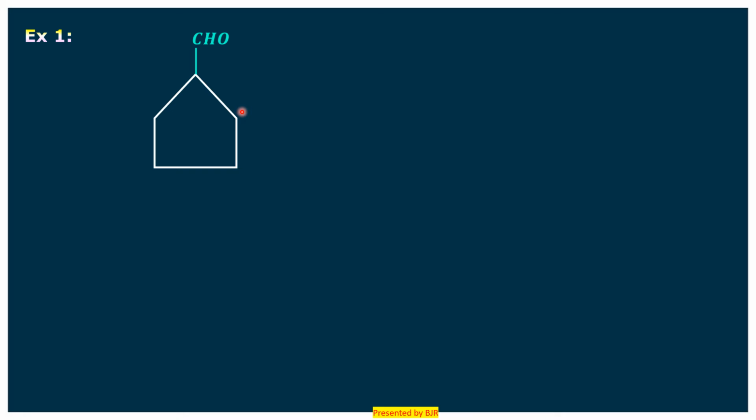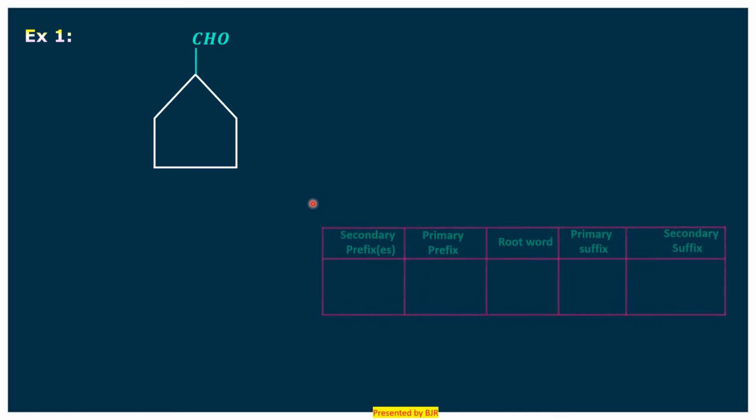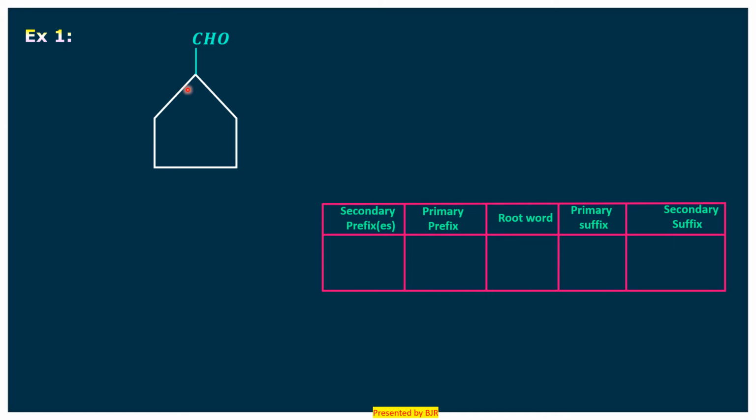Okay, so only the number of carbon atoms present in the ring should be taken to give the parent name. The root word is pent because 5 carbon atoms are there. Here the carbon atom is not included in the parent name.